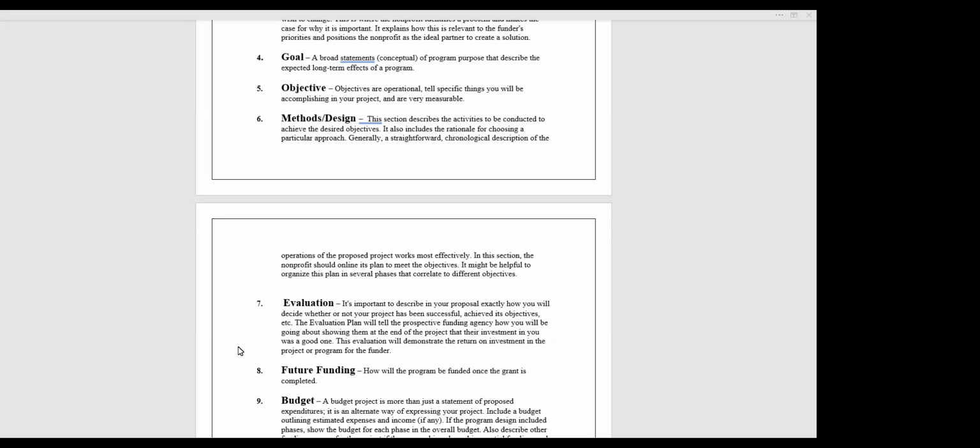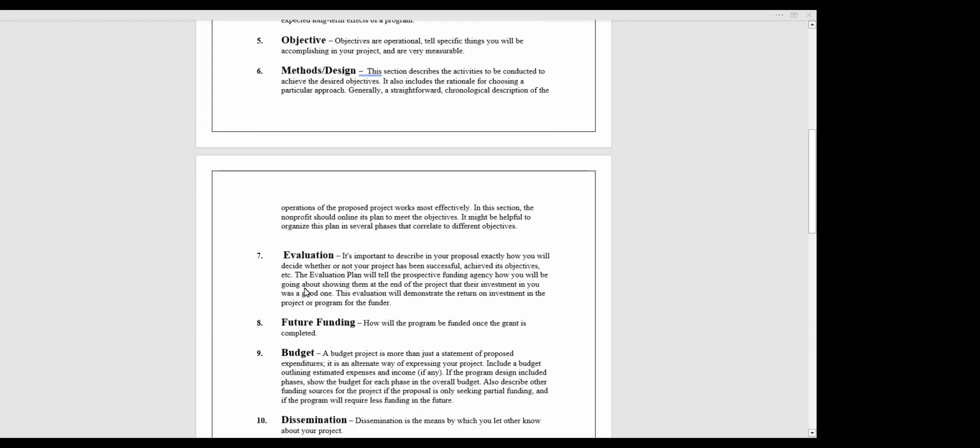You're gonna learn terms like output, input, impact, all those terms are associated with evaluation. So we're going to spend a little time on evaluation, just like we're going to spend a little time on all of the sections. So now you got your tools together as to how you're going to define success. Number 8.